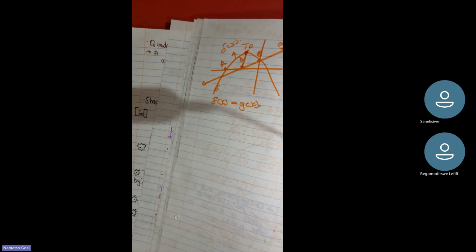Do you guys get that? The maximum distance thing, if this is the maximum. Okay, great. So this is the formula that you're going to use to get the maximum distance.